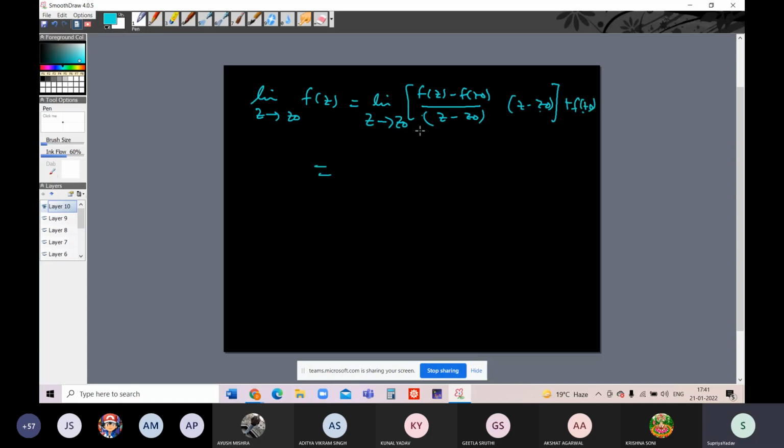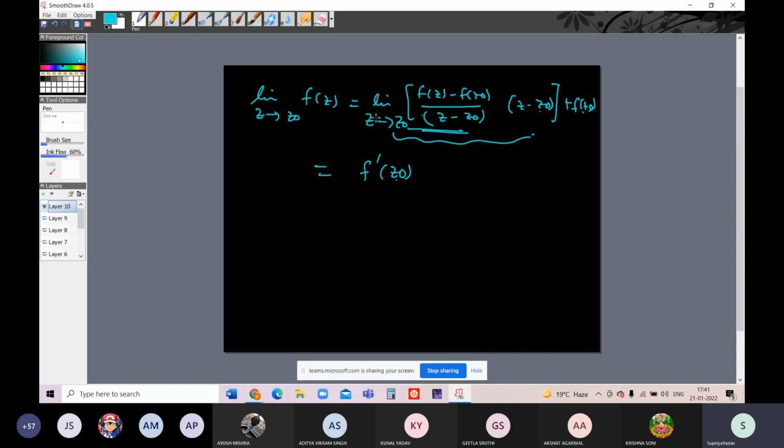So taking the limit, z approaching to z naught, of f z is limit z approaching to z naught of f z minus f z naught over z minus z naught, into z minus z naught, plus f z naught. Okay. This can be done because we know that the function is differentiable, so this limit must exist and it will be a finite value, and we generally denote it by f dash z naught.